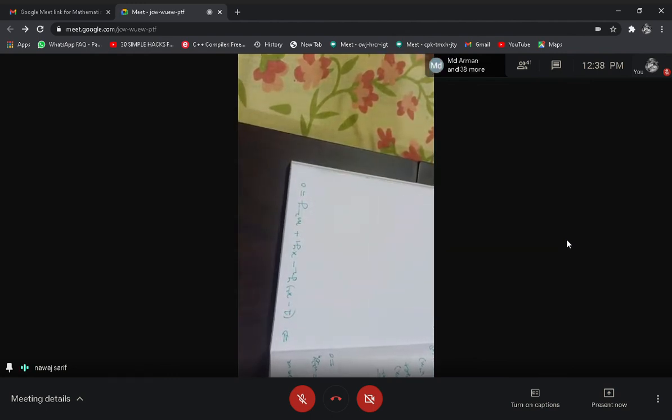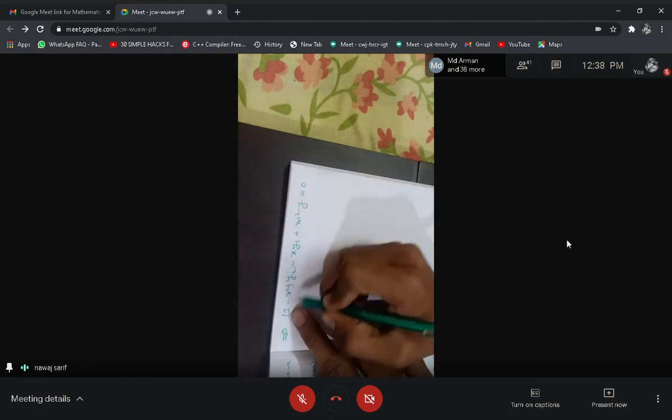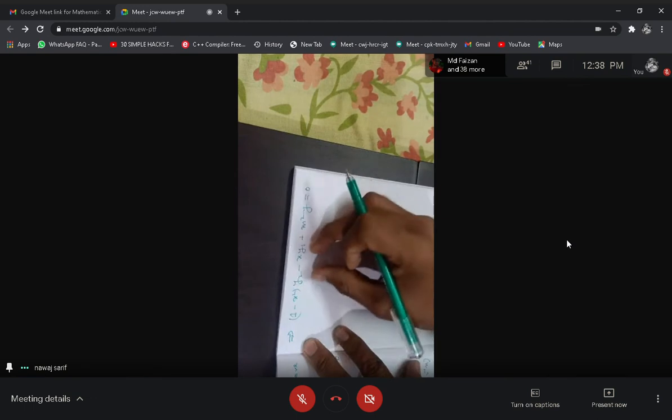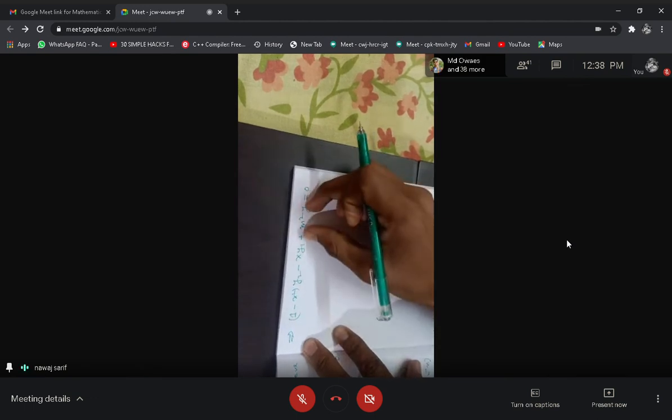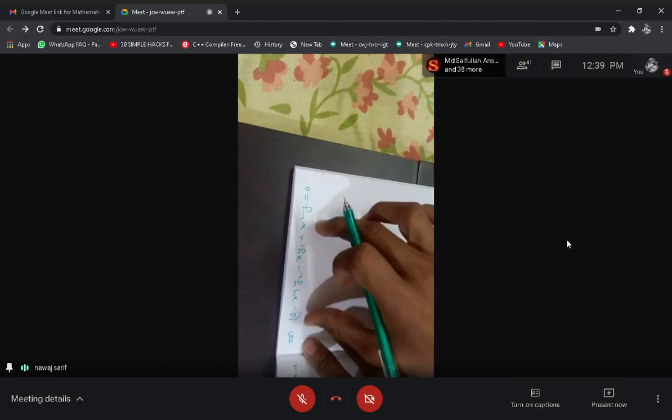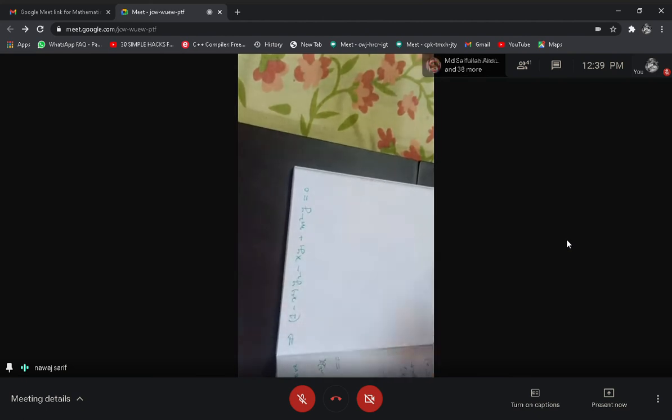Now see that this is a product of two functions, this is a constant and this is a function, okay. So now you can apply Leibniz theorem in this equation, okay. Then what will be the solution?